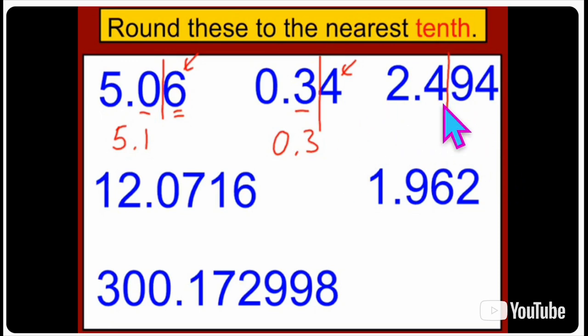40 or 50, which one? I'm only 1 hop away from being at 50, right? So that's letting me know those 9 extra little hops tell me I'm going to be rounding up, okay? This 49 is going to turn into a 50 rather than staying at a 40 and rounding down, okay?